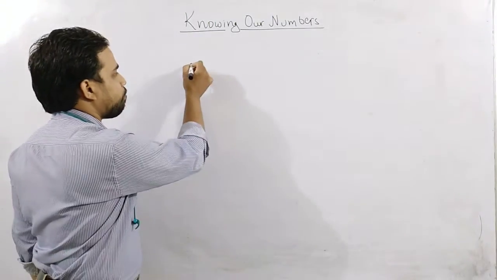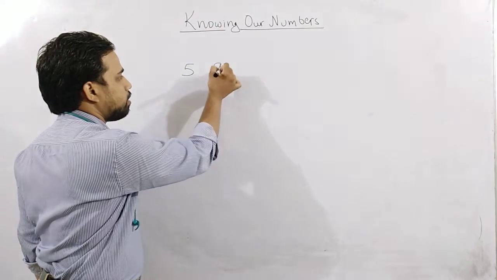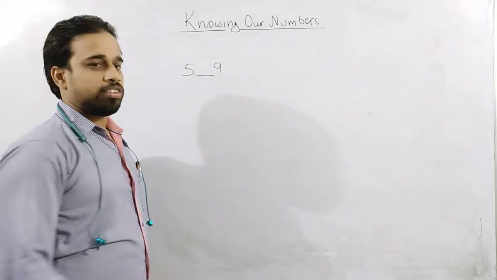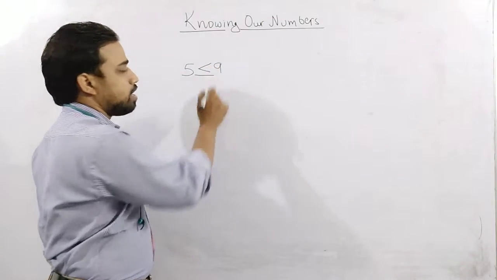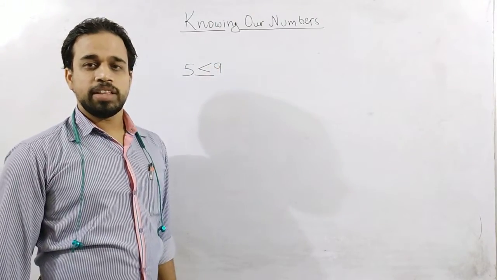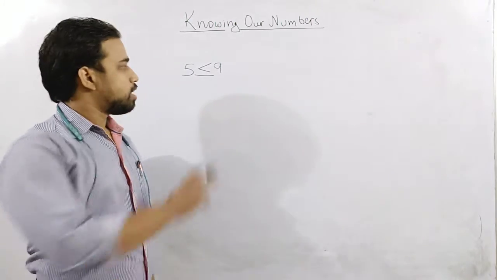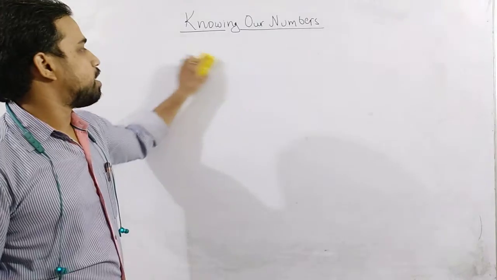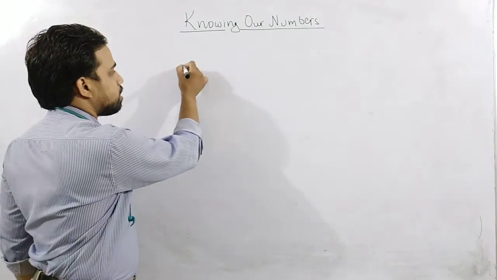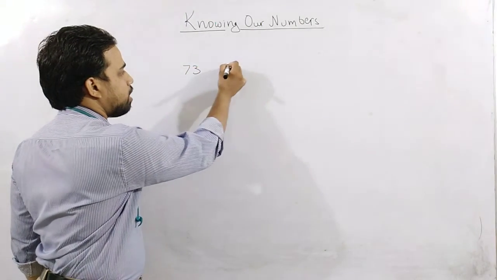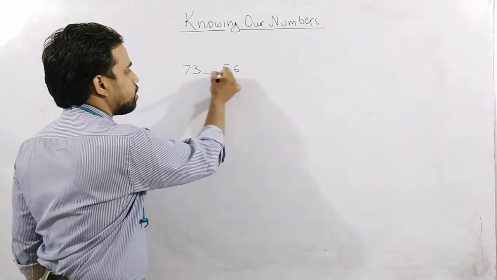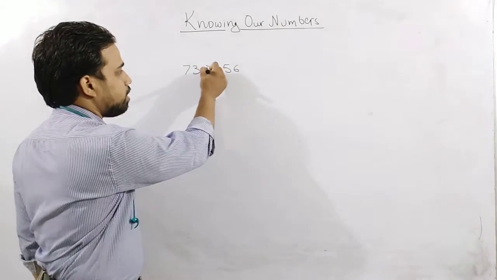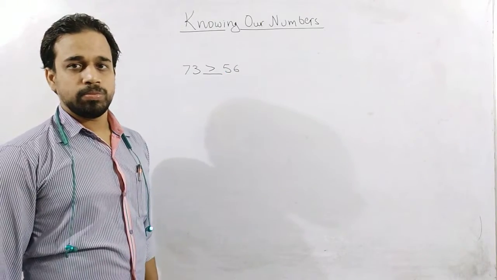If I write 5 and 9 and you have to tell which number is greater, you all will say that 9 is greater than 5. What if I say 73 and 56? Which number is greater? 73. We all know that.